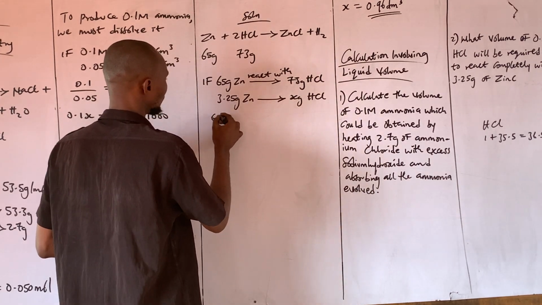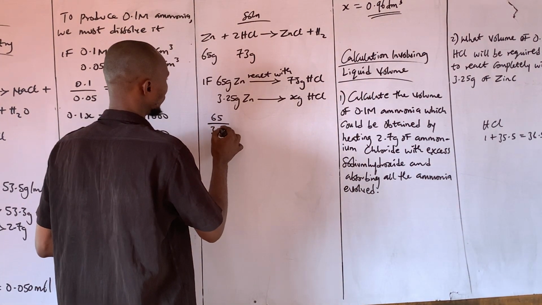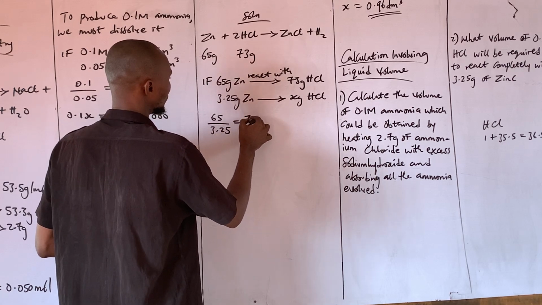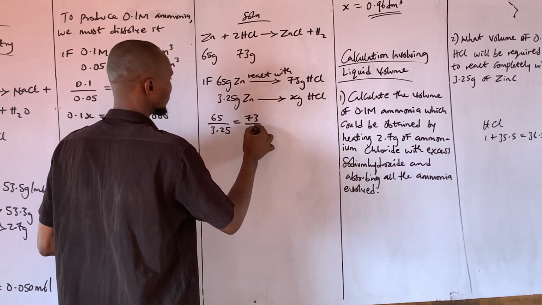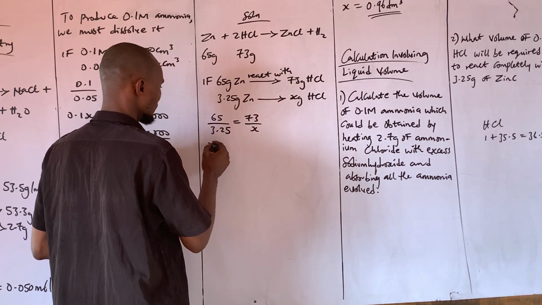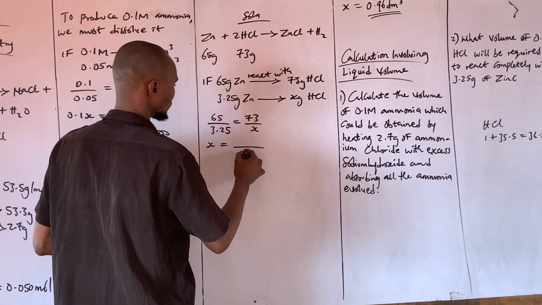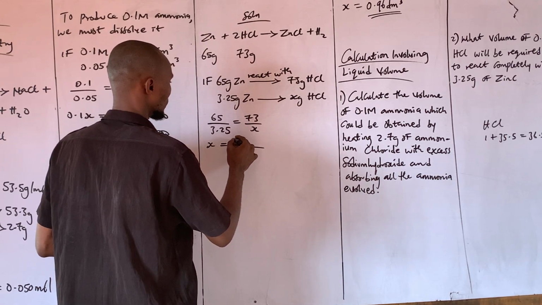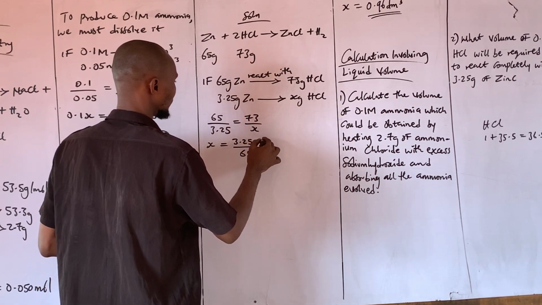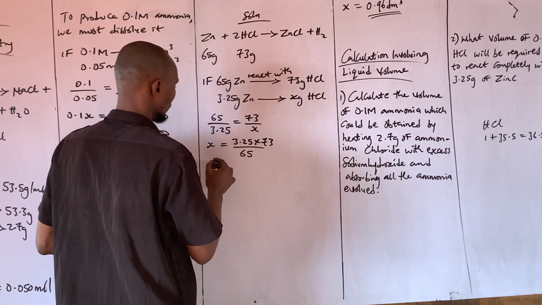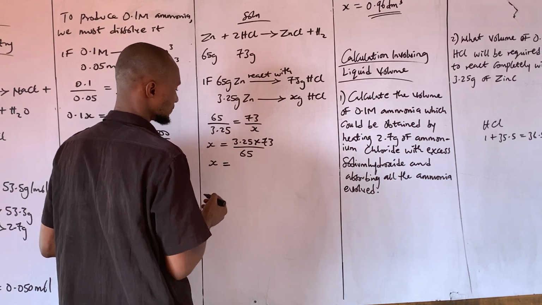So this is 65 over 3.25 equal to 73 over X. When you cross multiply, you're going to have X is equal to 3.25 times 73.